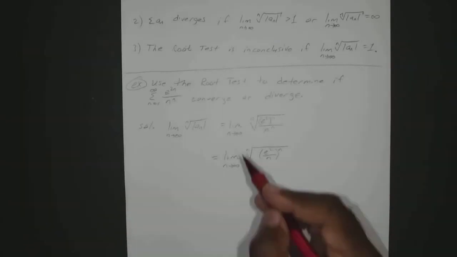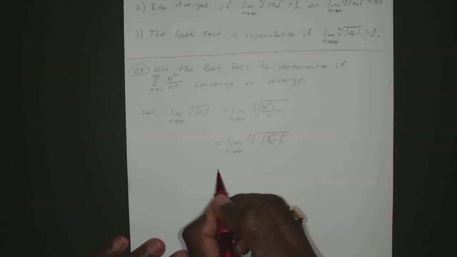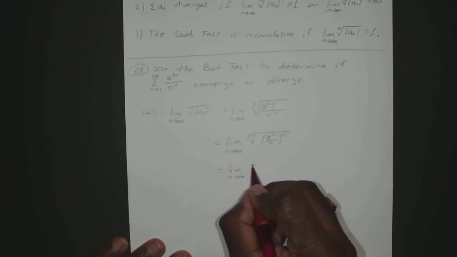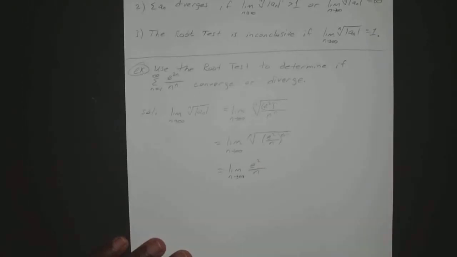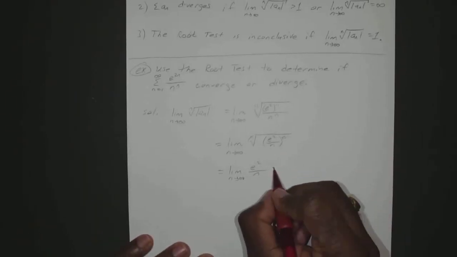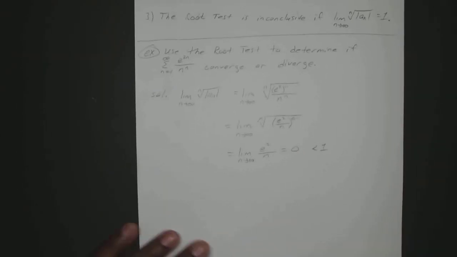Where in this case, your index and your exponent cancel out. Okay. Which gives you the limit as n approaches infinity of e squared over n. Okay. E squared is just a constant, so a constant divided by n as n gets bigger and bigger is just going to be 0, which is less than 1. Okay. So we know it converges.